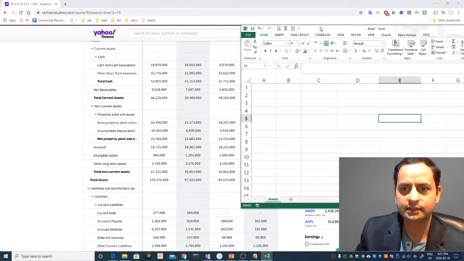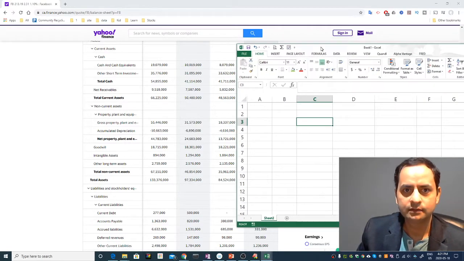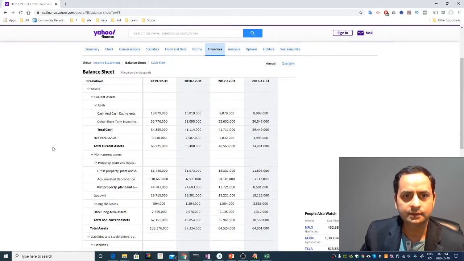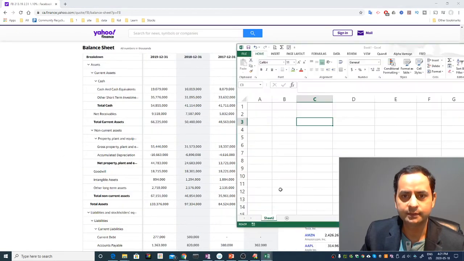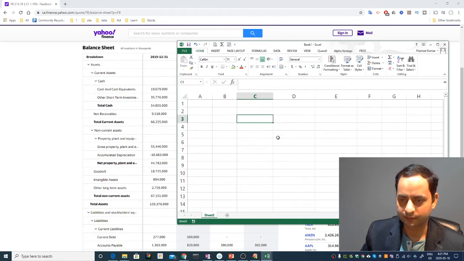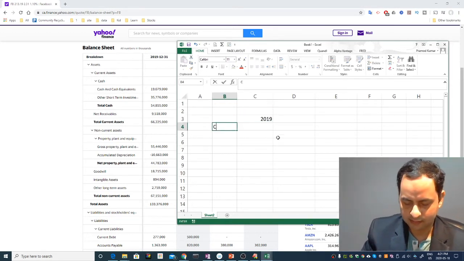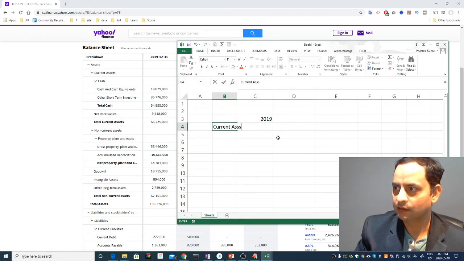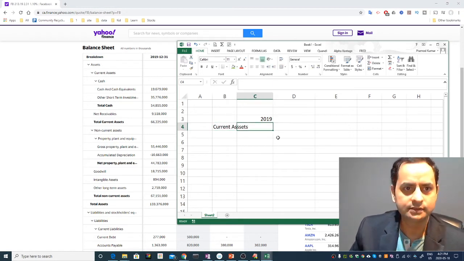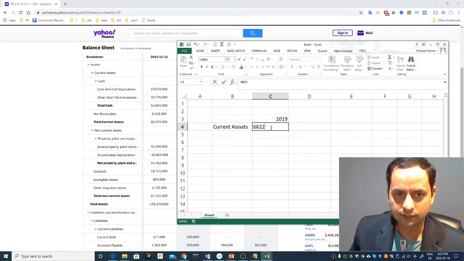So let's take the data from 2019, maybe the recent data. I'll take the current assets, which is given here, 66,225.